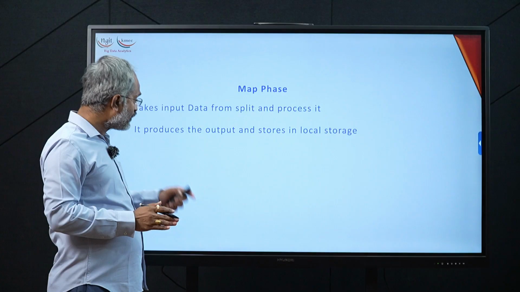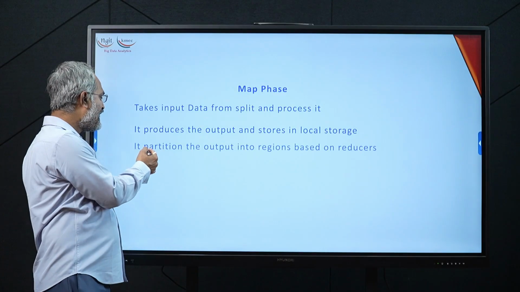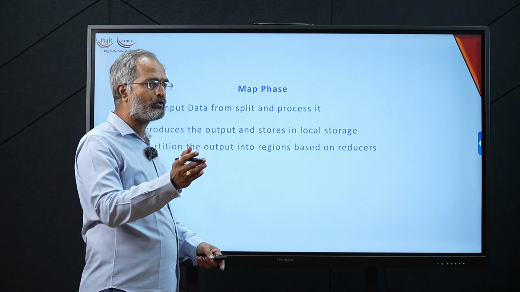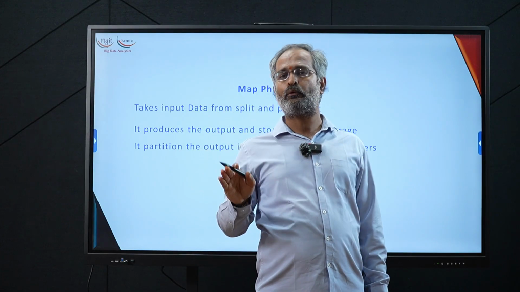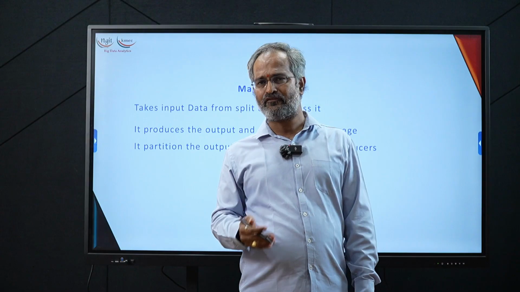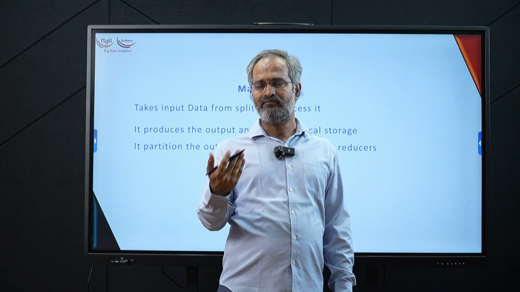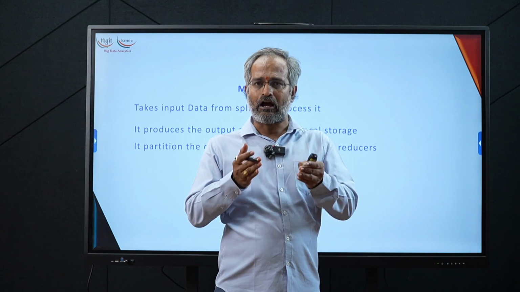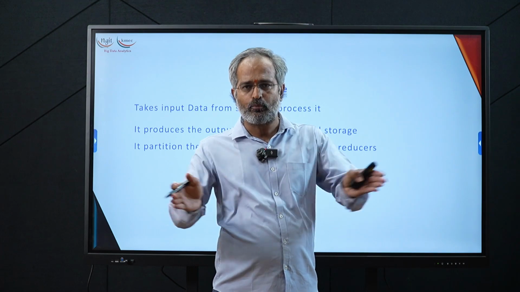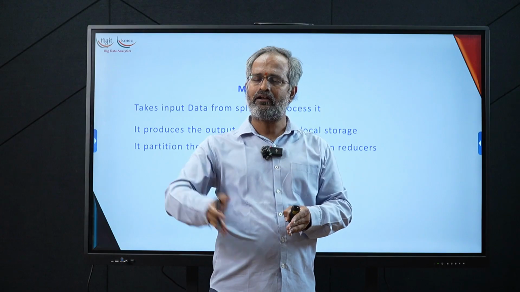In the local storage, it partitions the output into regions. Let us say for example the user wants 2 outputs, then the calculated output will be divided into 2 parts, output 1 and output 2.